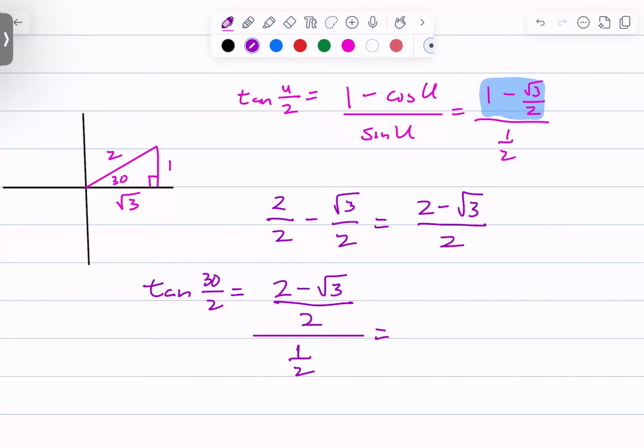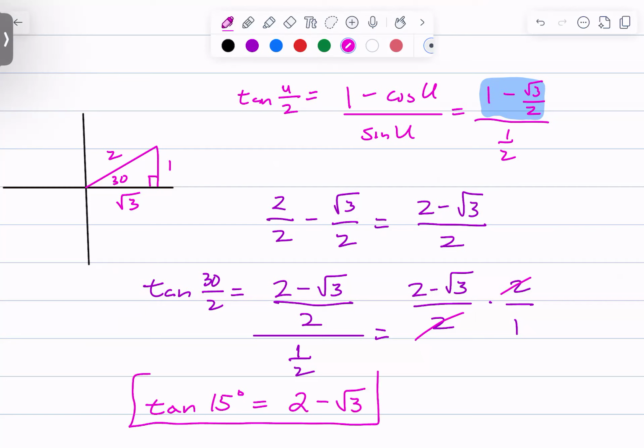Keep, change, flip it. And then these two guys will cancel and it's over 1. So the tangent of 15 degrees would equal 2 minus square root of 3. Okay. All right.